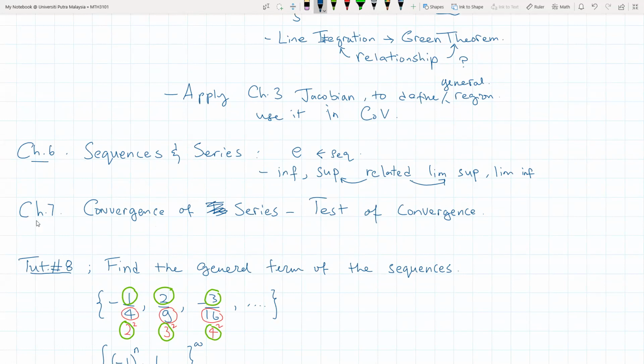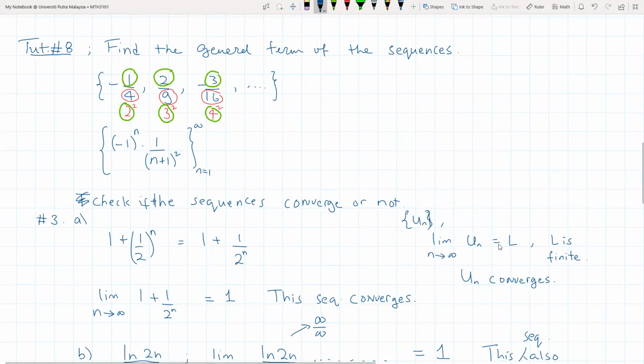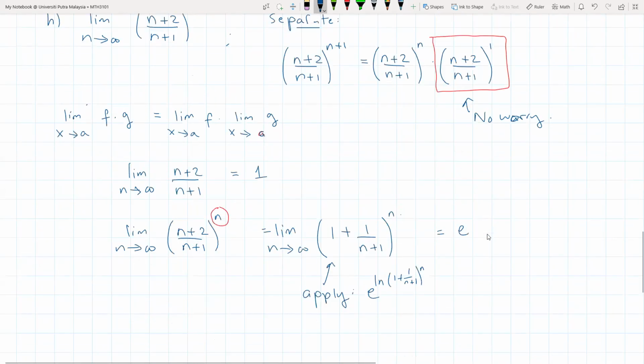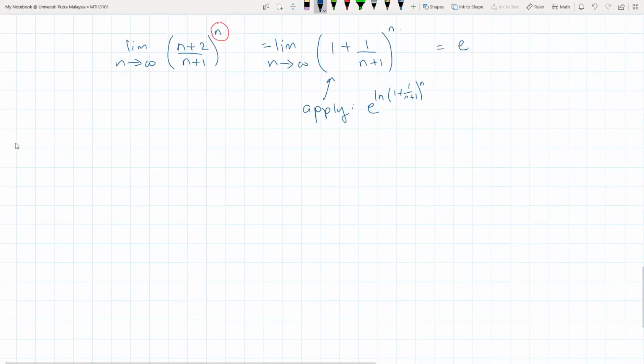Also we did chapter 7 and chapter 6, and let's look at tutorial number 7. Okay, tutorial number 7. If you look at it, I think most of them are the same, except let's look at, I think it's number 8 or something.